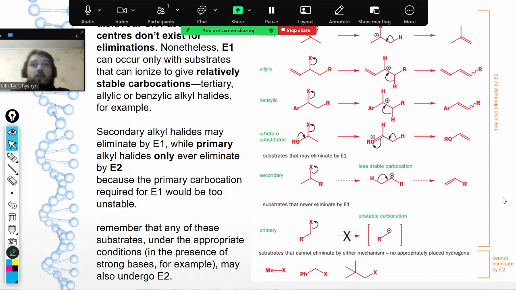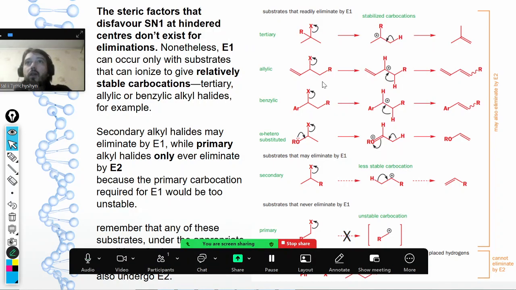And remember that any of these substrates, under the appropriate conditions, in the presence of strong bases, for example, may undergo E2. Everything shown here, you can make this reaction E2 if you create appropriate conditions.